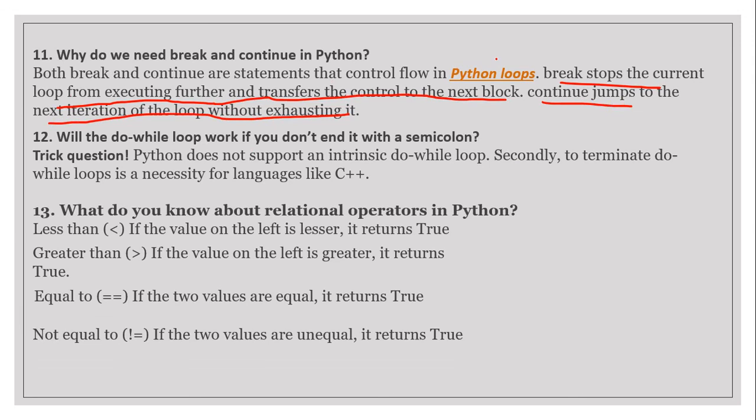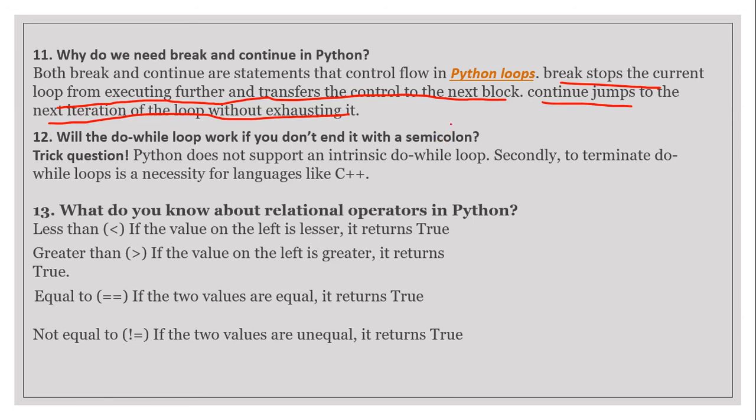So break, when it meets a condition, stops the processing and comes out of the loop. Continue, when it meets the condition, doesn't do further processing for that step and goes on to the next iteration of the loop.